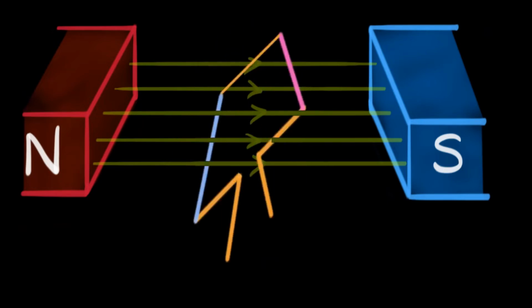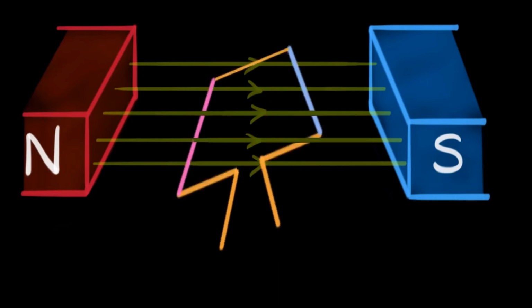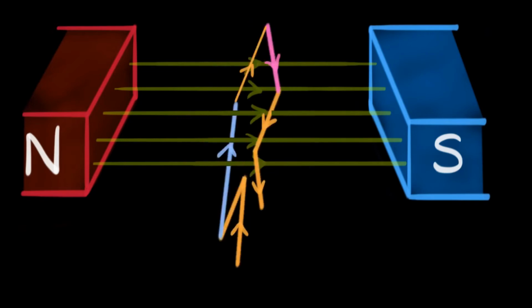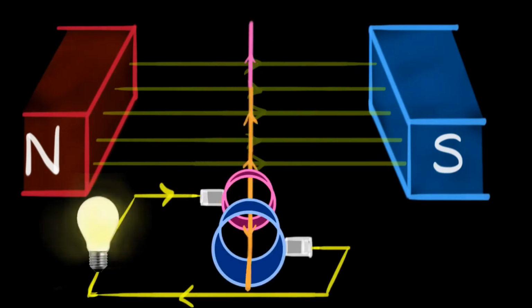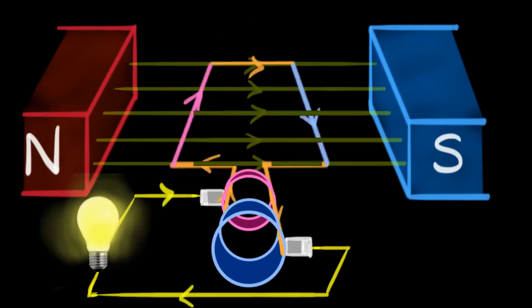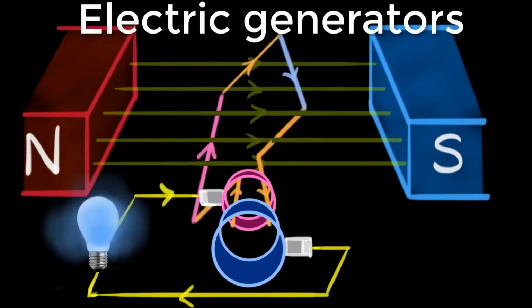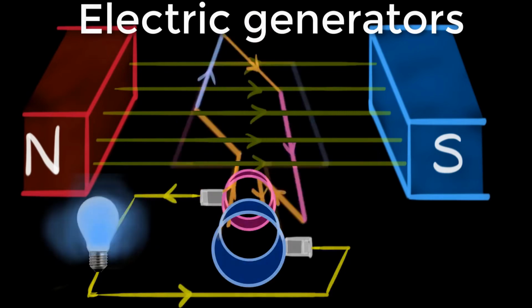As the turbine rotates, the coil starts rotating and the wires start moving up and down inside the magnetic field. That produces the electric current. And this can now be used to light up things. These devices are called electric generators. They convert spinning or mechanical energy into electrical energy. So let's look at them in detail now.